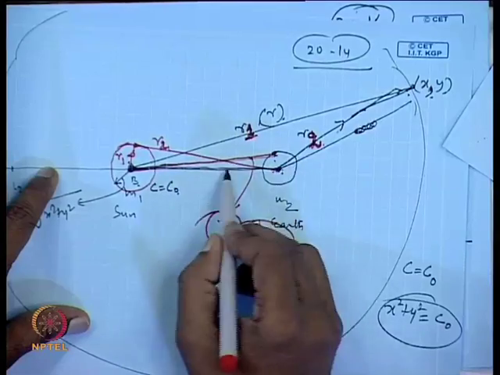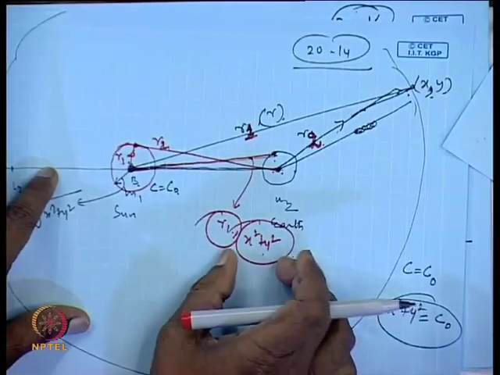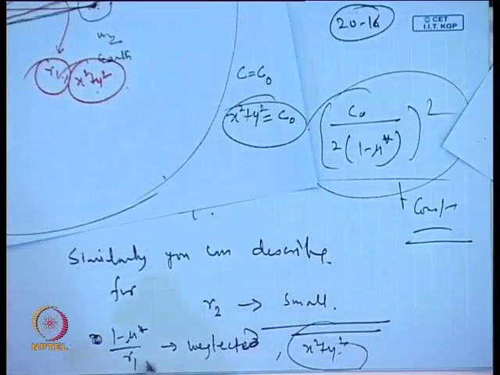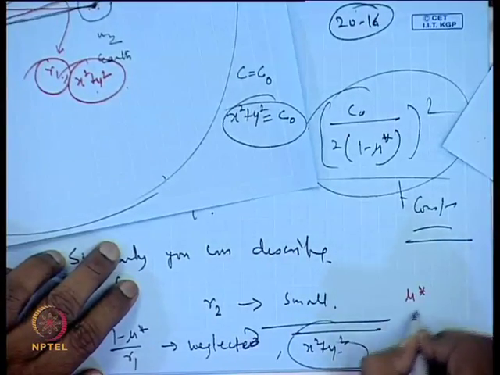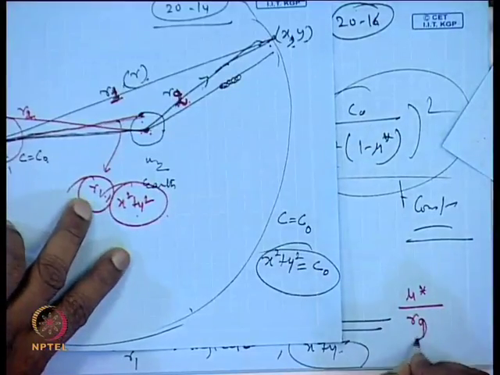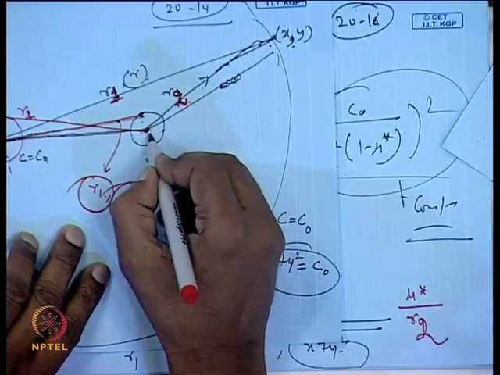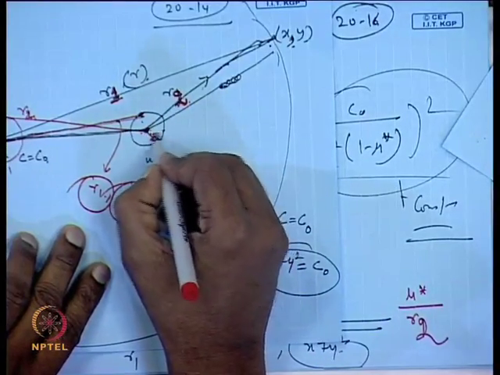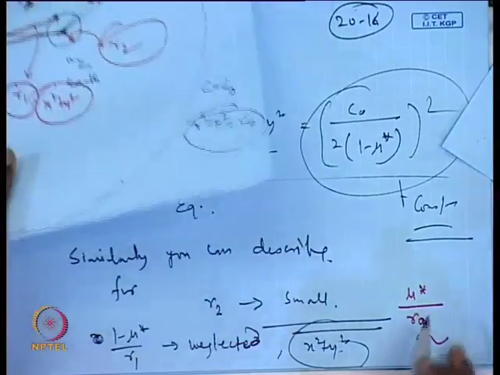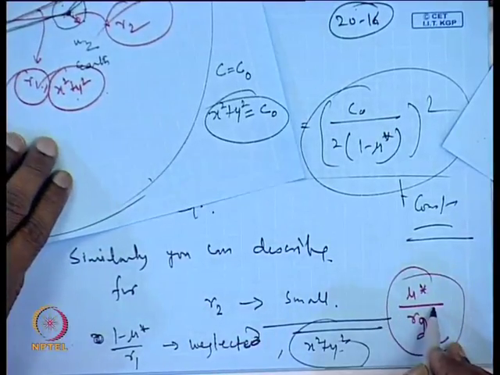If you go on the right hand side, this will exceed the value of 1. So, the square value will be around the value 1, but for the quantity mu star by R 2, with R 2 being small, this is your radius in this case R 2. So, if R 2 is small, then you will see that this quantity will be quite large than unity.